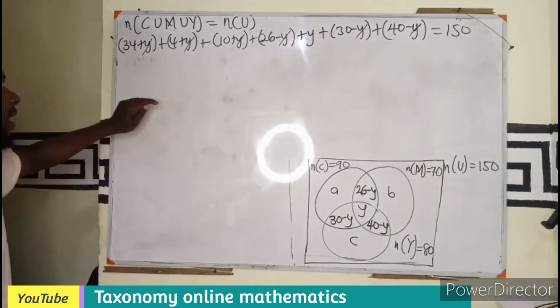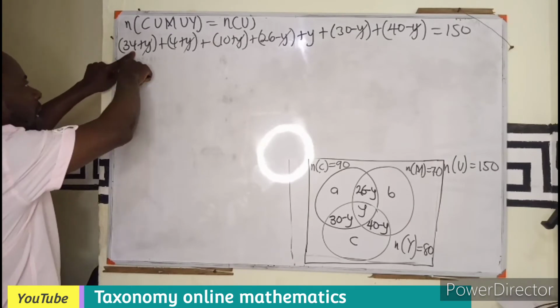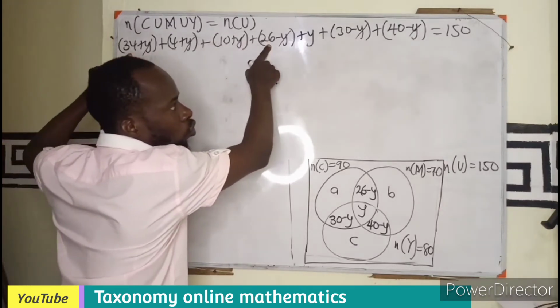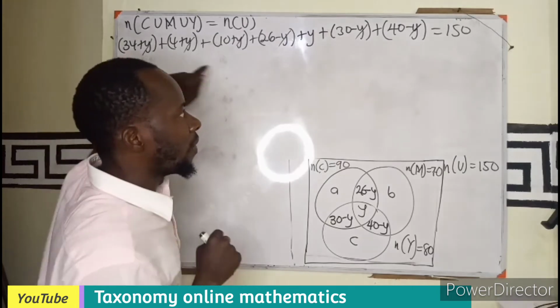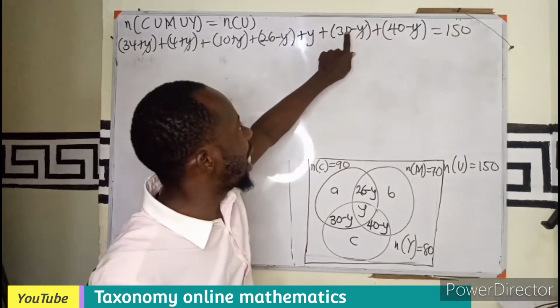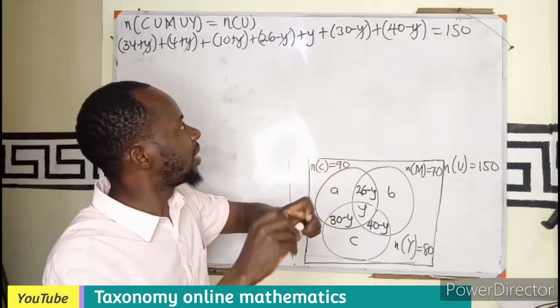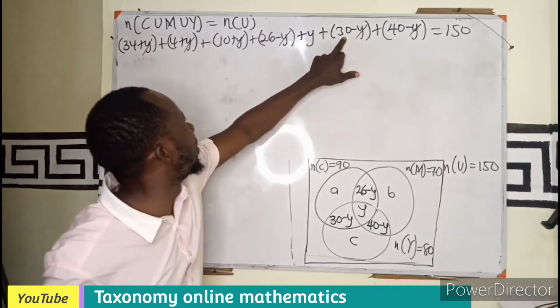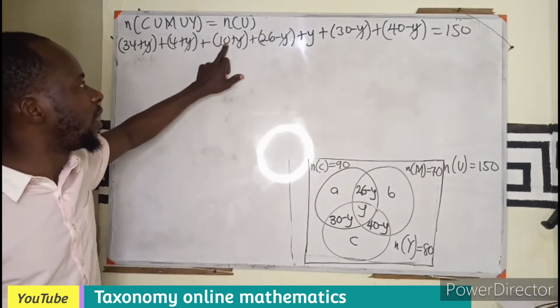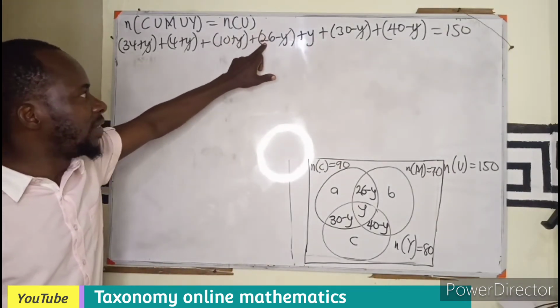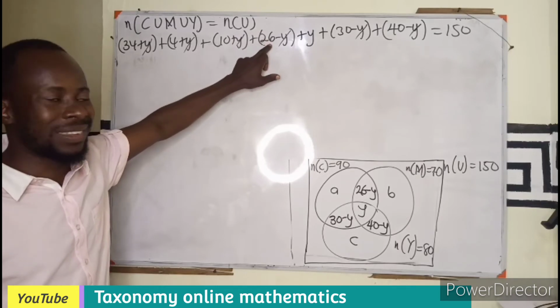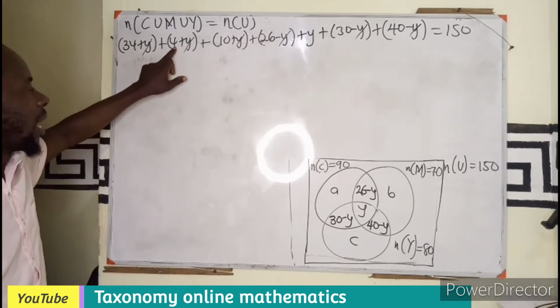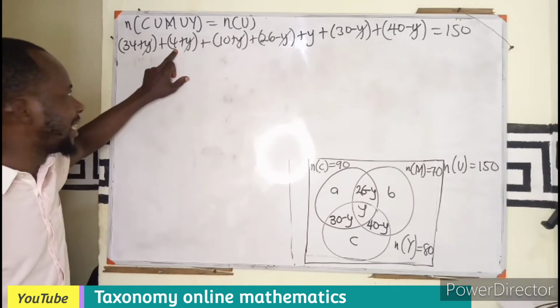So in this case, I am left with the constant terms to add. This will add to this and give me 70, I guess. Then 70 plus this will give me 80. 80 plus this will be 106. 106 plus this will give me 110.